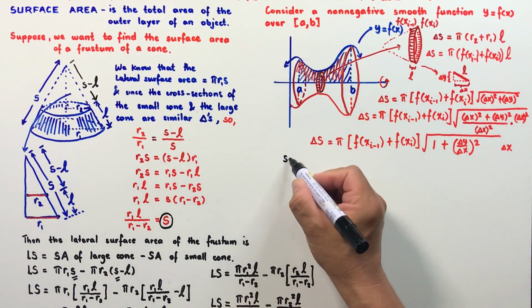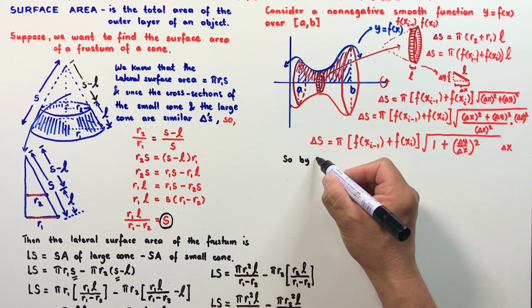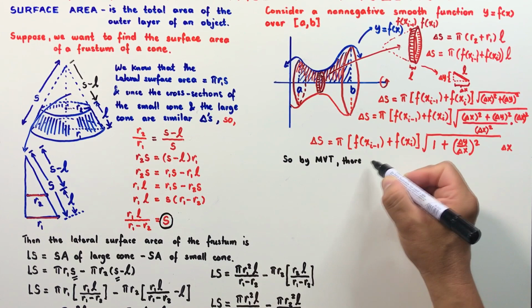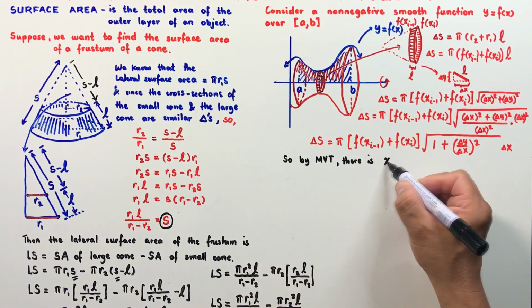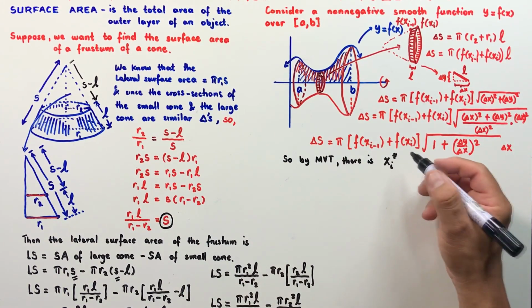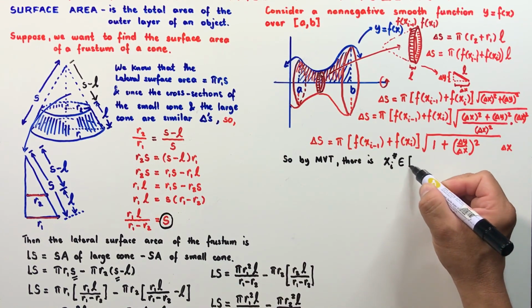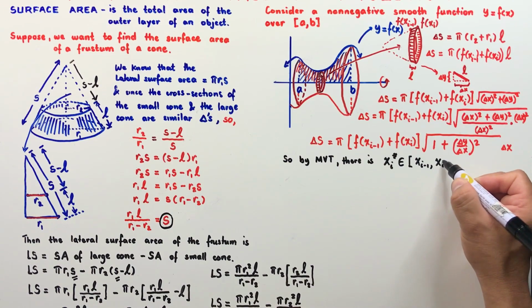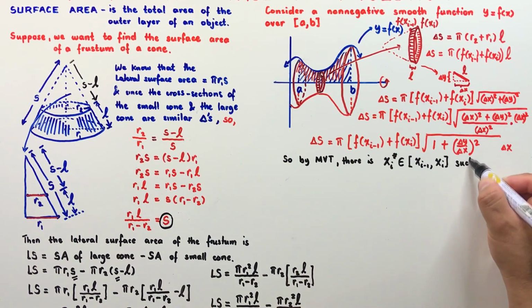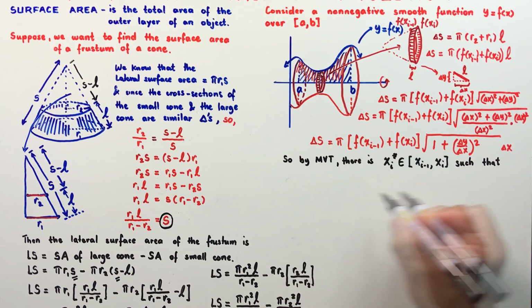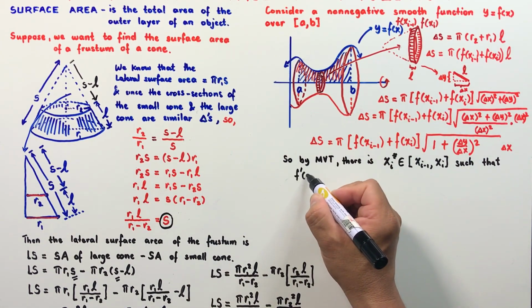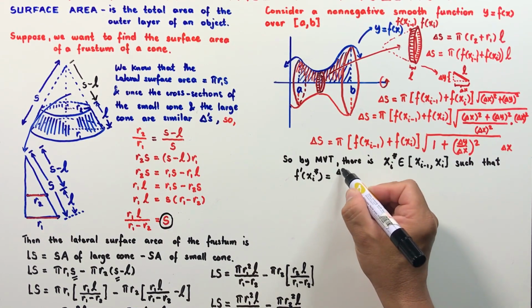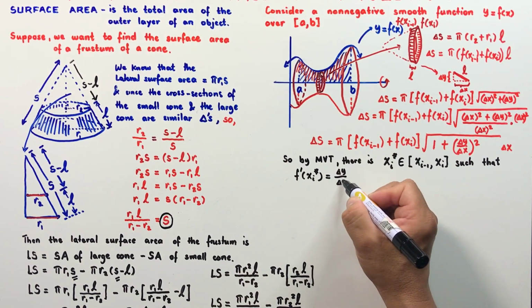So by the mean value theorem, there exists some value x, so we call it x sub i asterisk, which can be found in the closed interval of x sub i minus 1 to x sub i, such that the derivative of this function at x sub i asterisk is equal to delta y over delta x.